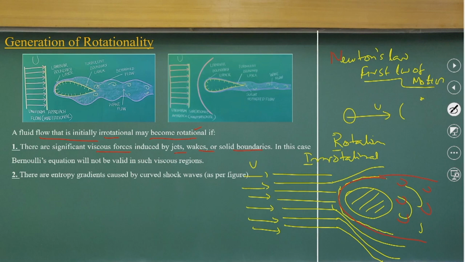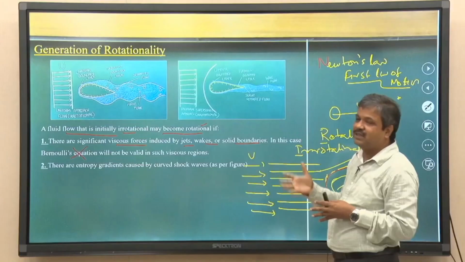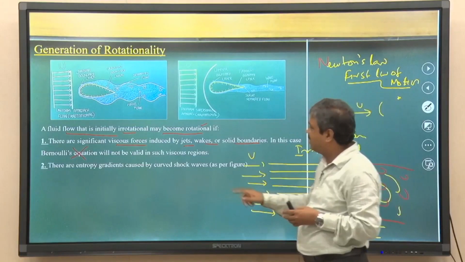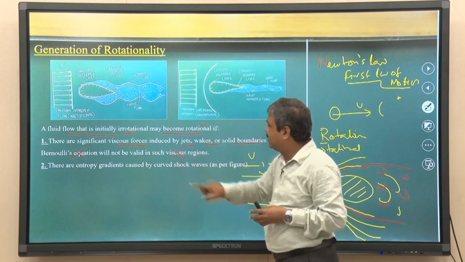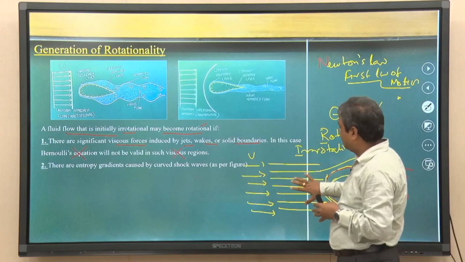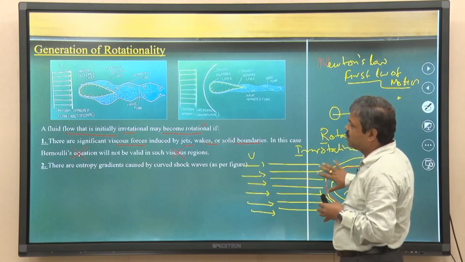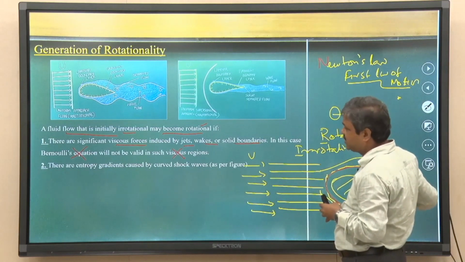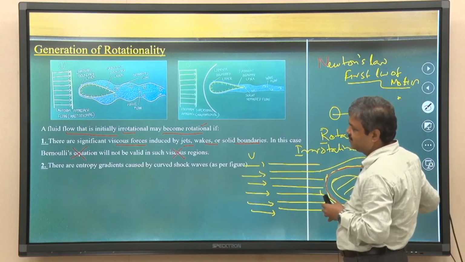And as it goes to rotationality and viscous dominance is there, we cannot use the Bernoulli equation. That is our so popular, so familiar equation, and it is of no use when viscous dominance is there.